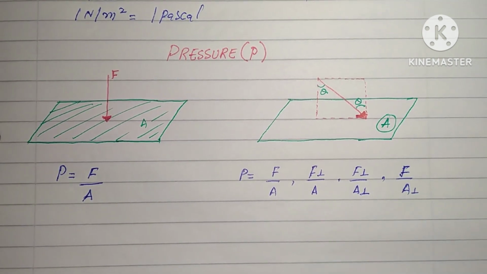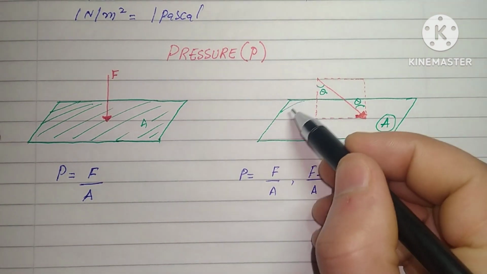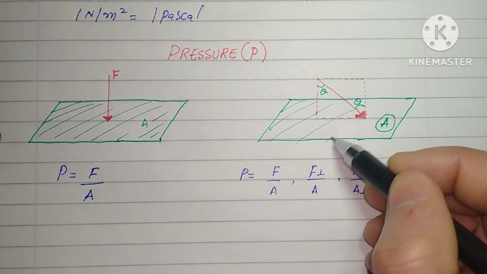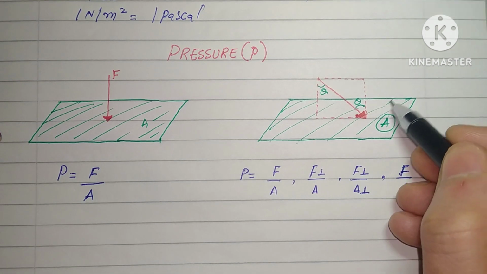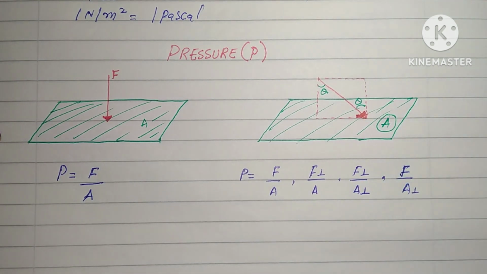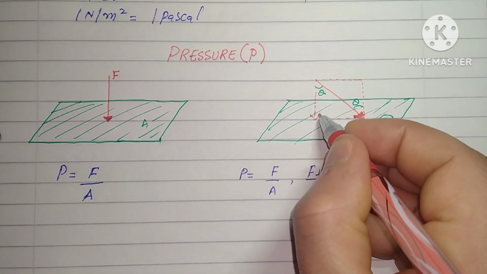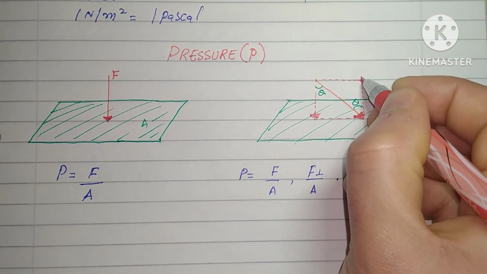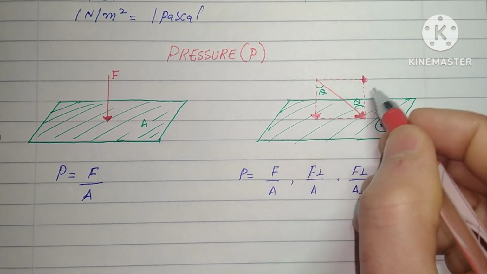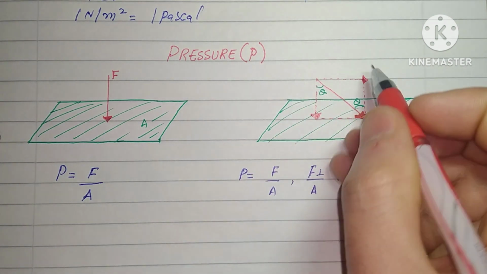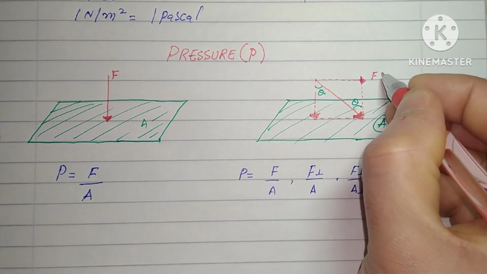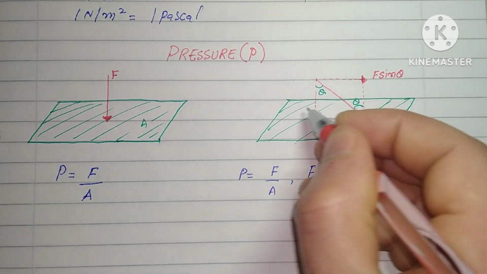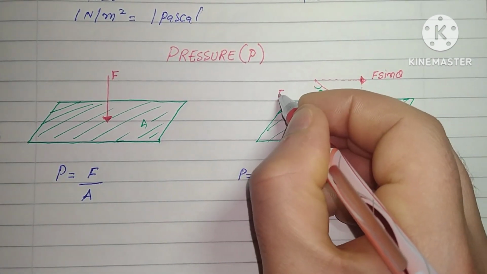Here area is this surface. This is the parallel component of force, and this is perpendicular to the surface. This one will be F sin theta, and this one will be F cos theta.